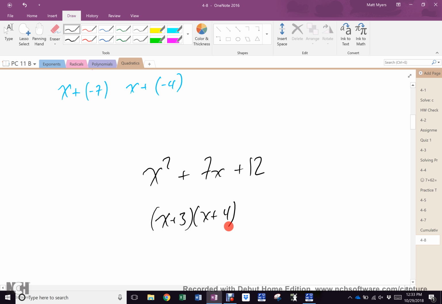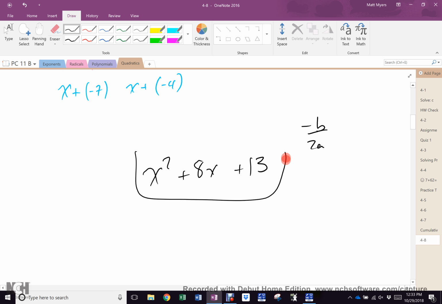Right? But if I gave you this, now what? You should complete the square or do that other trick, right? Where we use negative b over 2a. Because this doesn't factor. Is everybody good?